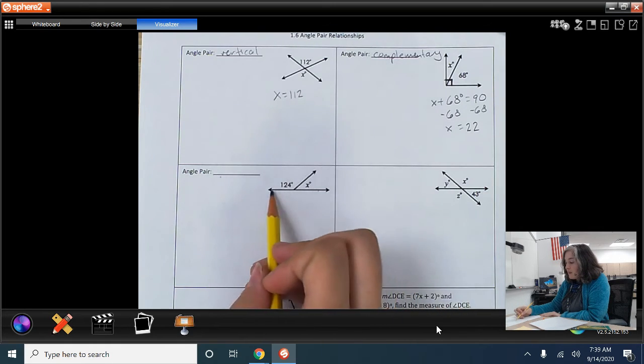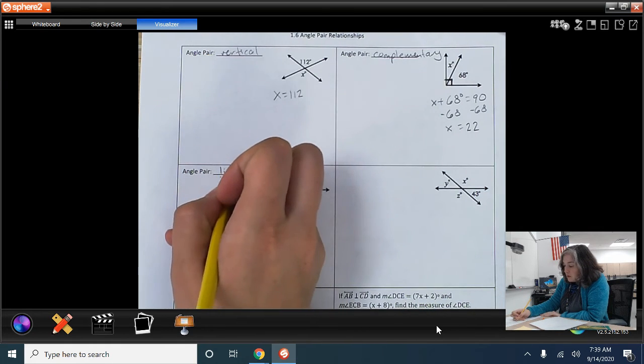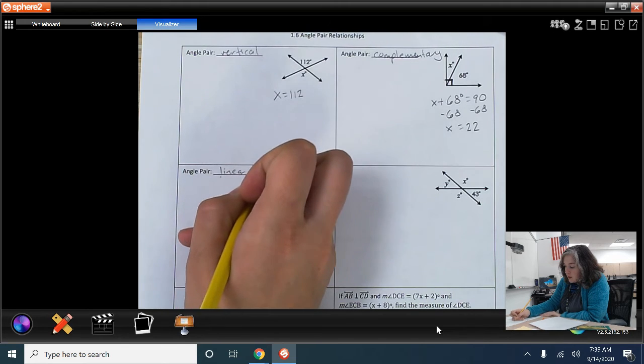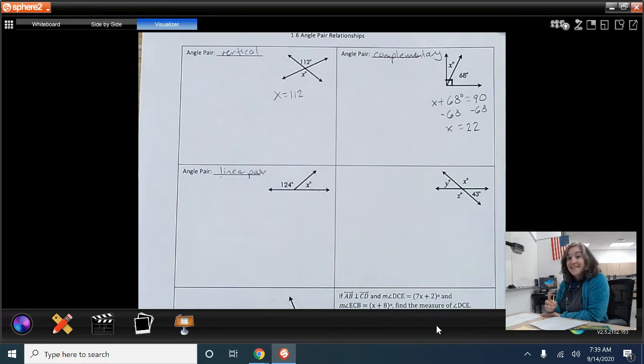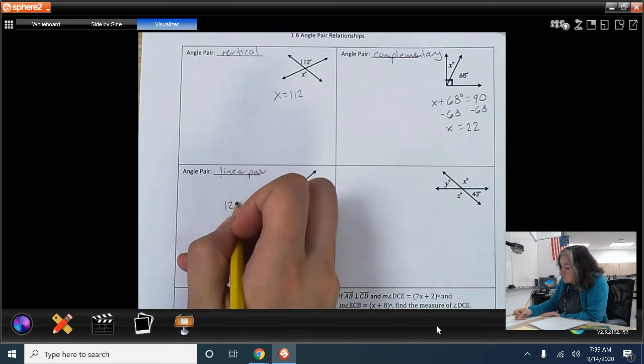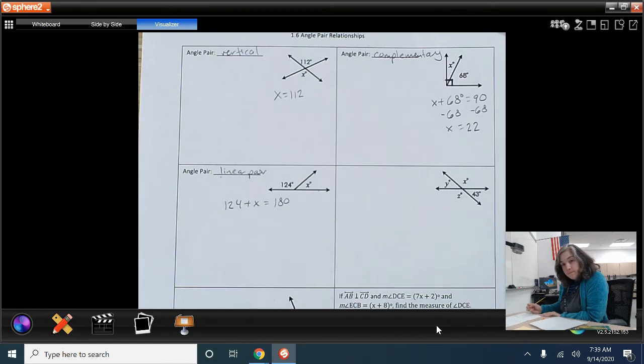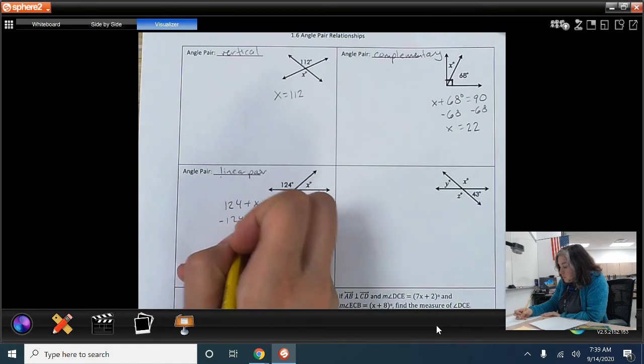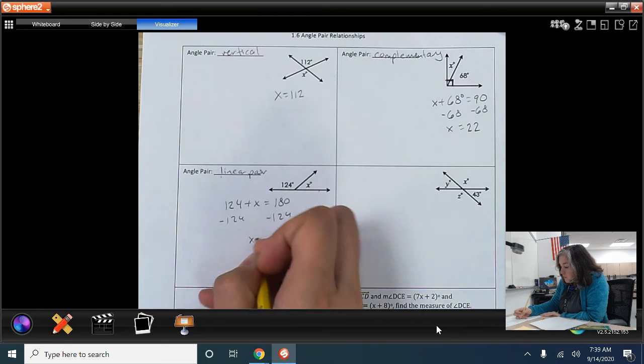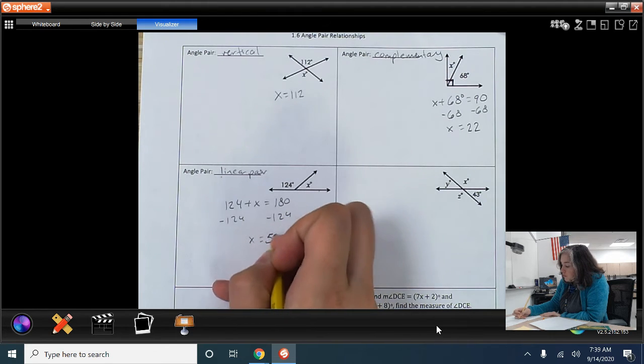I'm going to define them as a linear pair. And here's why. Linear pairs are adjacent and they add to make 180. They're supplementary. So that means 124 plus x is equal to 180. So I can subtract 124 from both sides, and we get x is equal to 56.